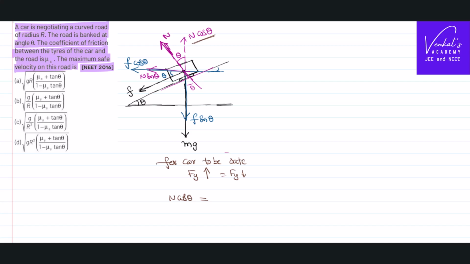What are the forces acting in the downward direction? mg plus the frictional force component, F sin theta. From here I can write an equation: mg equals N cos theta minus F sin theta. I'll be using this further. That is when we are equating the equilibrium of the vertical forces.